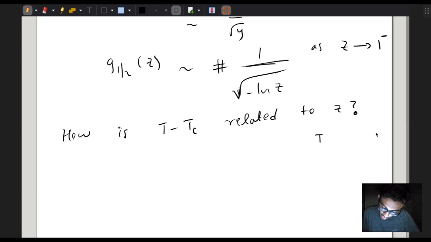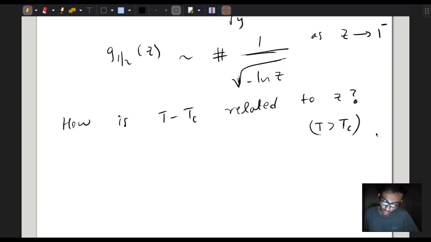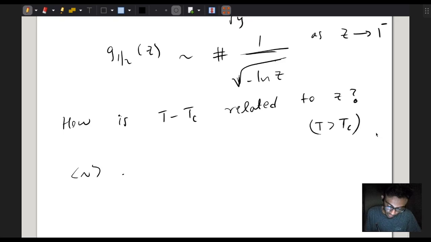So let's say t is greater than tc. So we can write the particle equation.